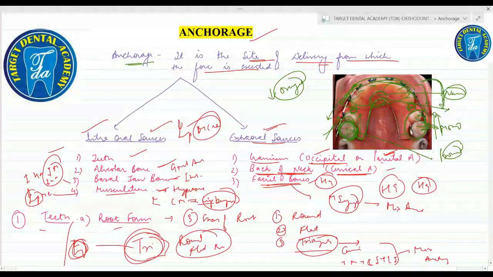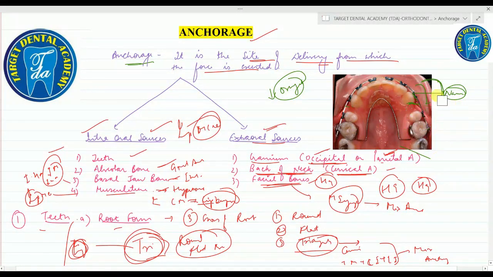Third is the Nance palatal arch. I am writing over here the important points regarding this. The Nance palatal arch is used in the upper arch, during leveling and aligning and during canine retraction.